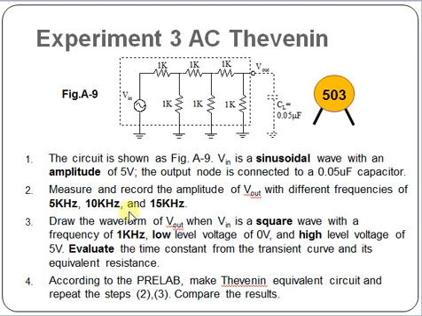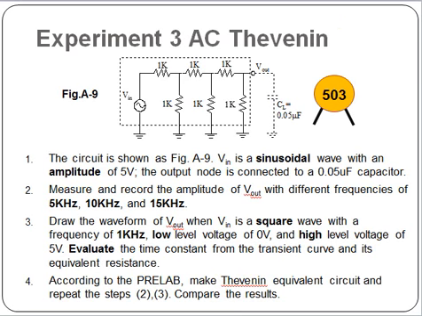A 1 kHz square wave will provide 500 milliseconds for both charge and discharge. Evaluate the time constant from the observed curve and its equivalent resistance. Then repeat the lab with a Thevenin equivalent circuit and compare the results.